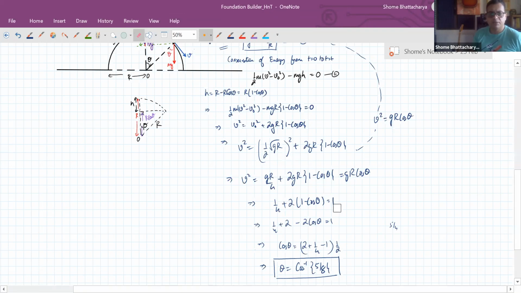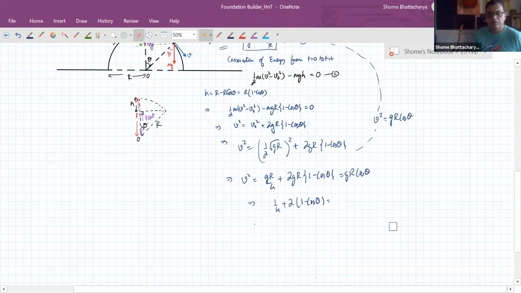Oh, sorry, by mistake in the calculation. When we cancel the gr on this side, we will have cos theta, no? This equation is not 1 on this side, it's equal to cos theta on this side.